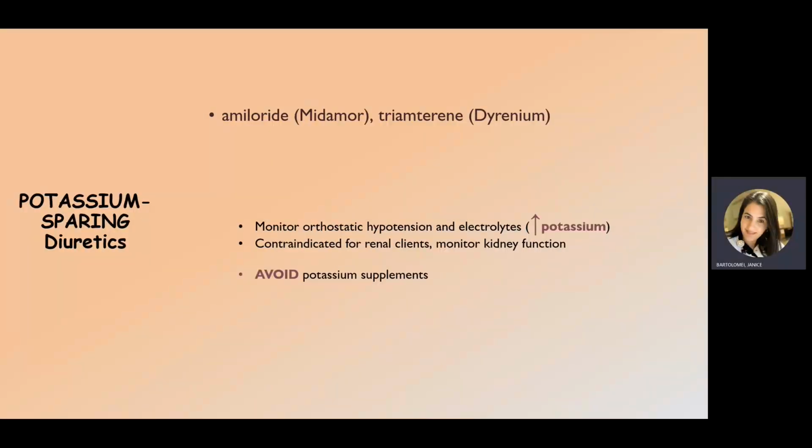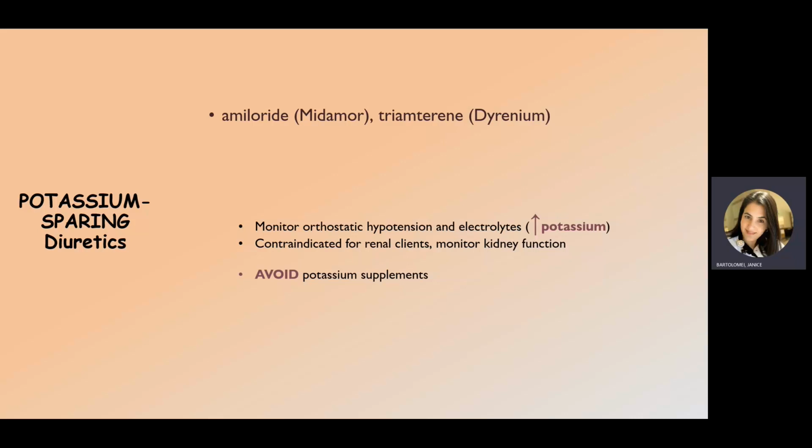Now let's look at the potassium sparing diuretics. Now make a note on your notes. These potassium sparing diuretics, they hold on to potassium. So instead, here we don't have hypokalemia, we have hyperkalemia. Okay. And you want to monitor their potassium level.